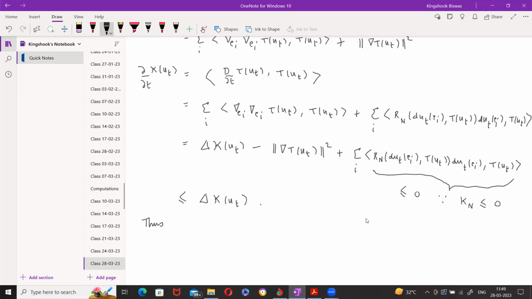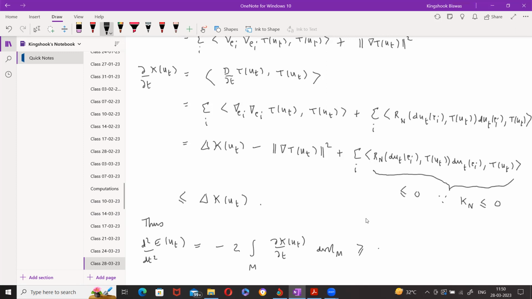So if I look at the second derivative of energy, what do we find? From the first variation formula, we found that this was minus 2 times the integral over M of the partial derivative of kappa u_t with respect to t, d vol M. And this is less than or equal to the Laplacian, so minus it will be greater than minus the Laplacian.